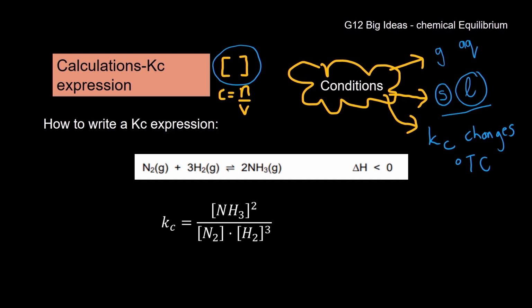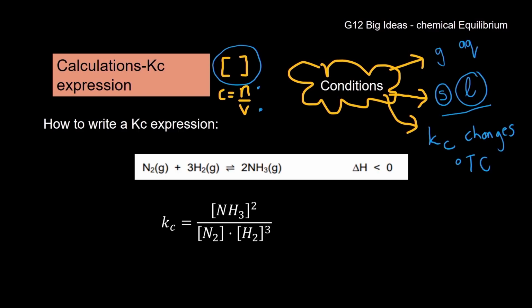Right, here we have the symbols that we're going to use for concentration. They're square brackets. Concentration, we know, is the number of moles divided by the volume. For a particular reaction, we are going to express the Kc value as follows. I've given you an example here. It is the formation of ammonia gas. You can see that nitrogen gas is used, so is hydrogen gas as the reactant.